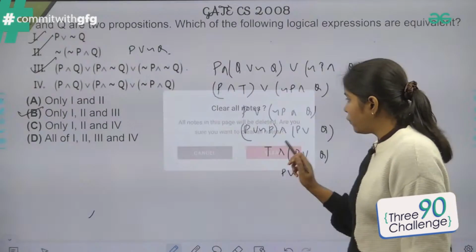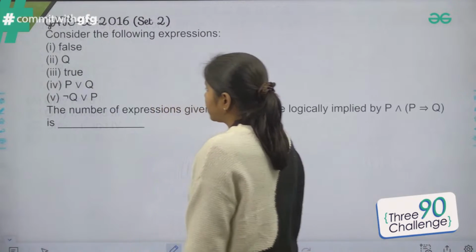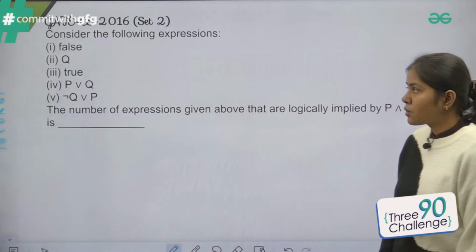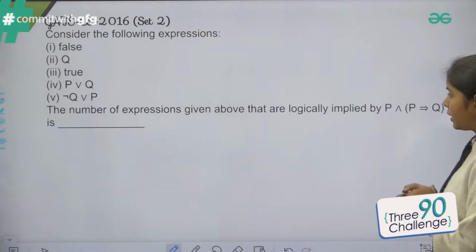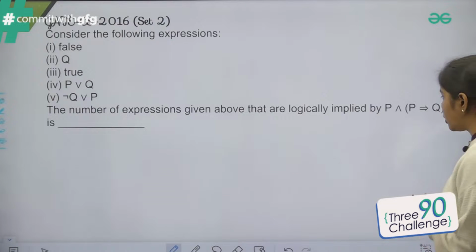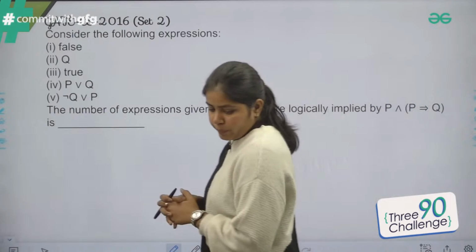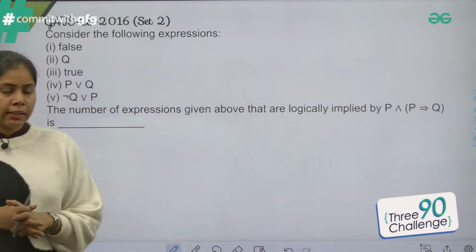Okay, so let's move forward to the next question. This is another question, guys. GATE CS 2016. They are saying: consider the following expressions; the number of expressions given below that are logically implied by P and (P implication Q) is.